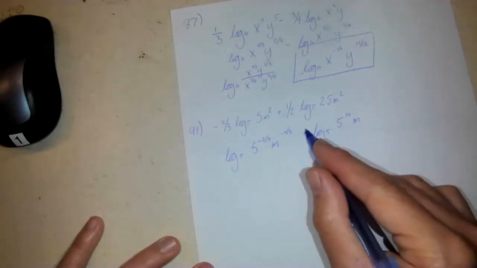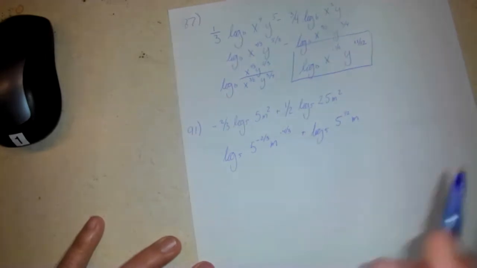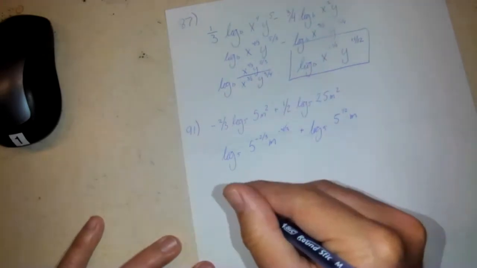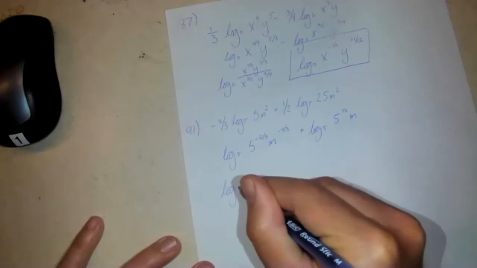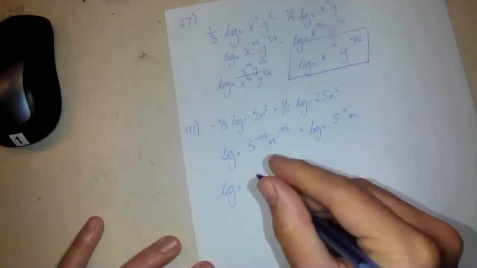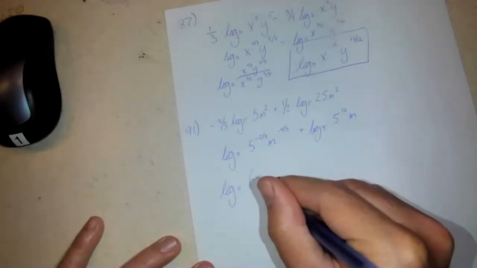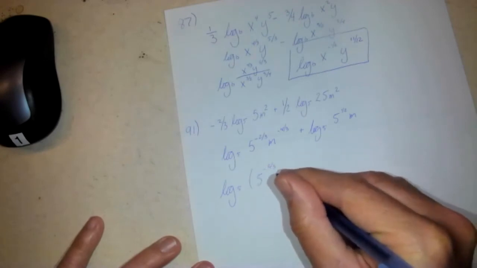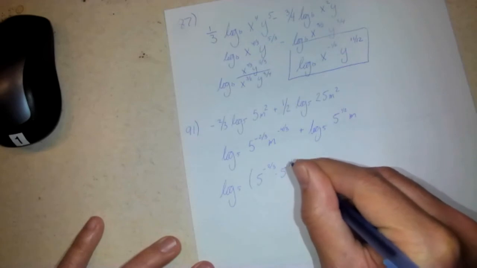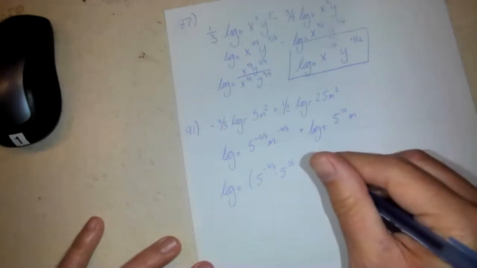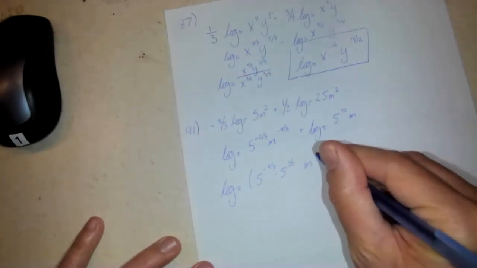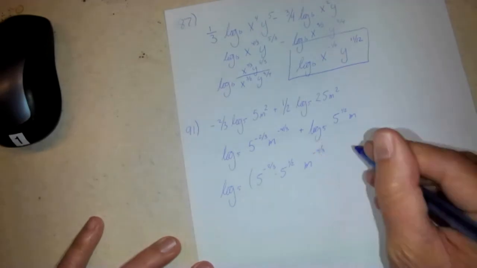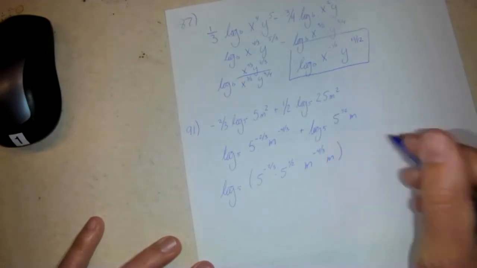From here, since we are adding these two logs, we multiply the arguments. And so I have the log base 5 of 5 to the negative 2/3 times 5 to the 1/2. And looks like I have m to the negative 4/3 m.